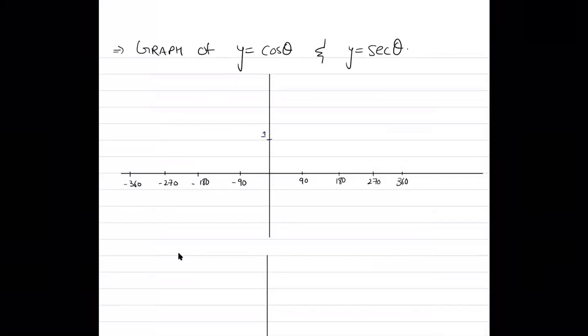This is 1, this is -1. The graph of cos theta starts from 1, goes to 0 at 90 degrees, goes to -1 at 180 degrees, then comes up having 0 at 270 degrees, and at 360 it is going to be 1. So this is one cycle of cos theta.